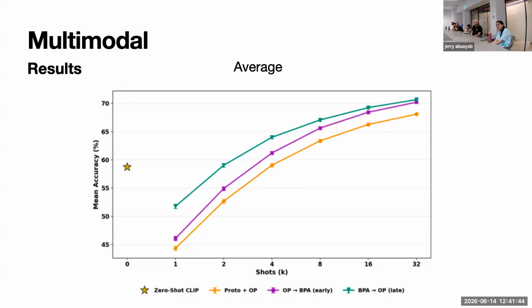I have just the raw CLIP features with the OP transform, and then we have BPA before OP and BPA after OP. My intuition for that was correct. Clustering before doing the OP transform yielded the best results. And we need at least 2 shots with the late OP transform in order to pass the zero-shot classification accuracy.